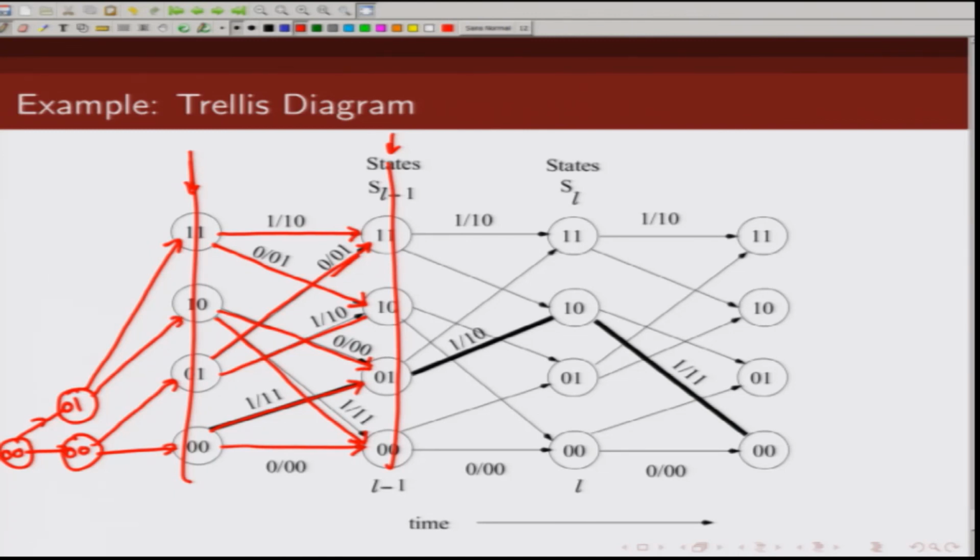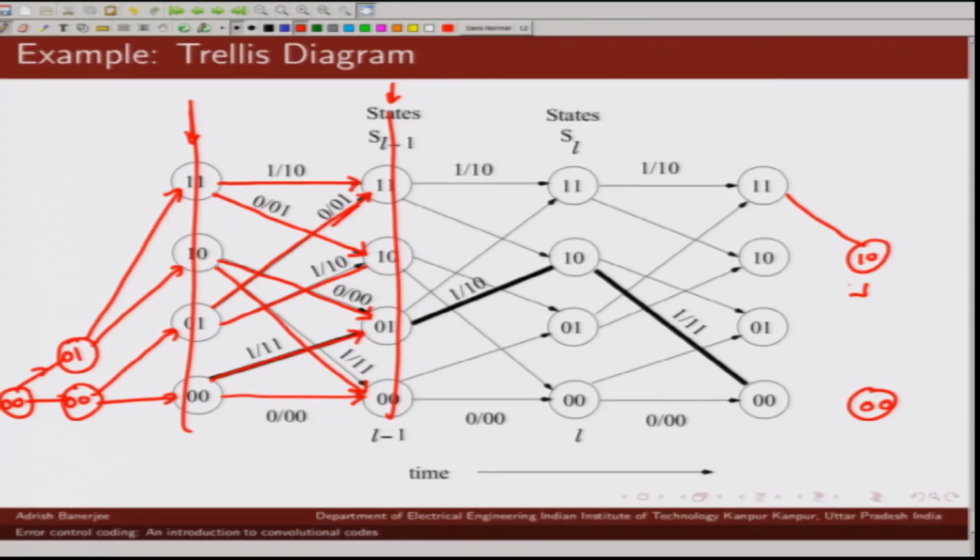And let us say I want to terminate this encoder. I want to terminate, meaning I want to bring this encoder back into all 0 state. So, in this step I am going to bring it back to state 0 0 and 1 0. From state 1 1, if I get a 0, I move to this state, and from state 0 1, if I get a 1, I move to this state.